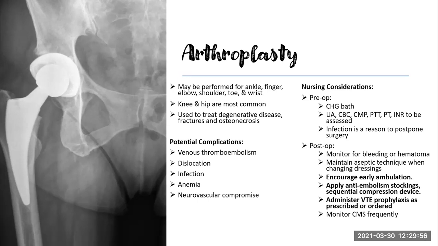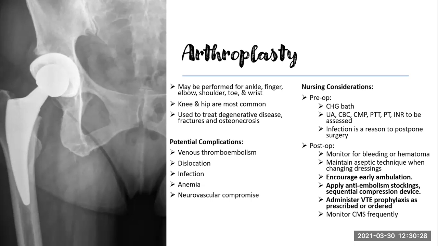Other complications include VTE, which is venous thromboembolism, or DVT formation. So VTE prophylaxis is a common practice after getting a new hip or a new knee. These patients, depending on the surgeon, are going to be on some sort of VTE prophylaxis. TED hose or compression stockings are to be used.